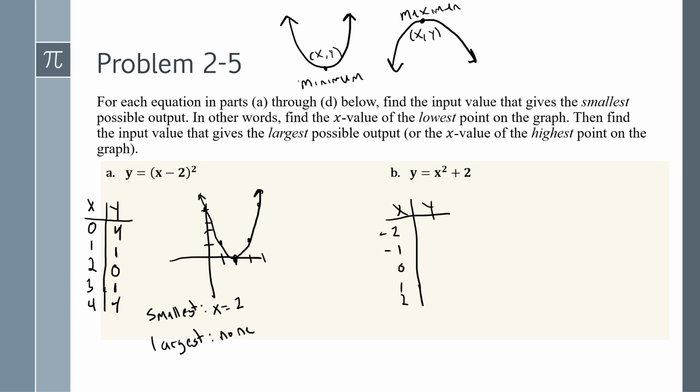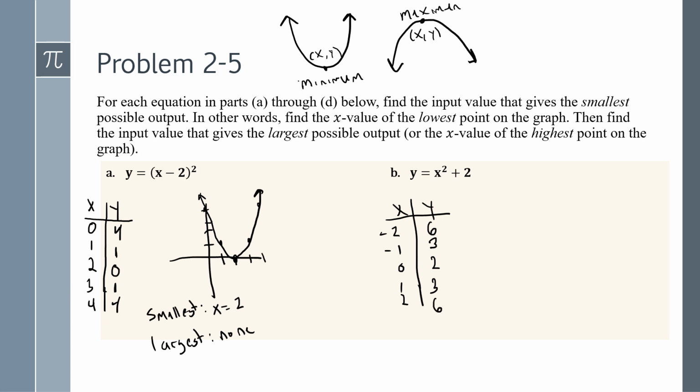So -2 squared is 4, 4 plus 2 is 6. -1 squared is 1. 1 plus 2 is 3. 0 squared is 0, so 0 plus 2 is 2. 1 gives me 3, and 2 will give me 6.